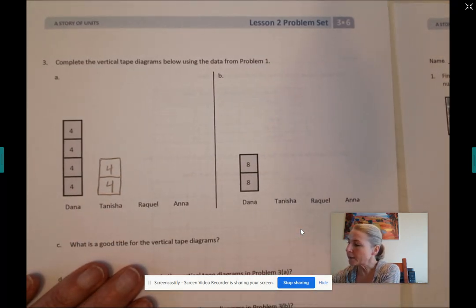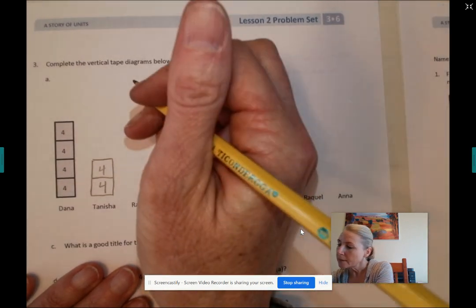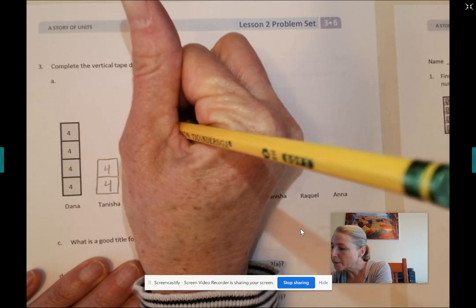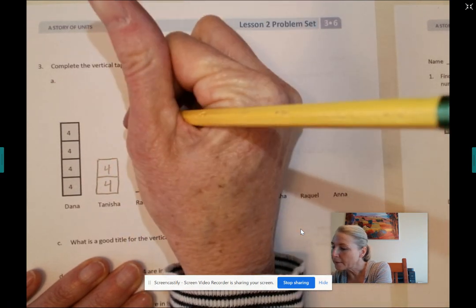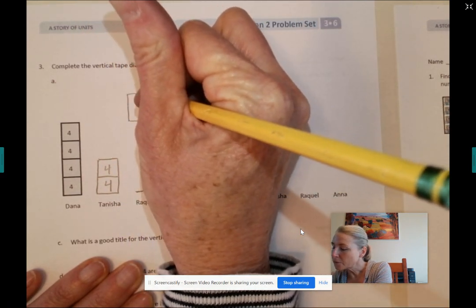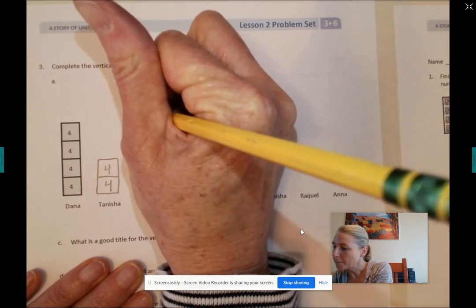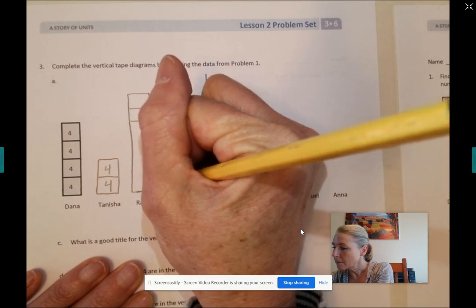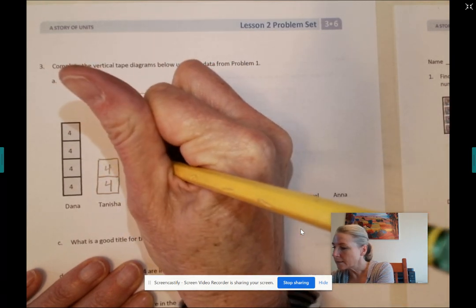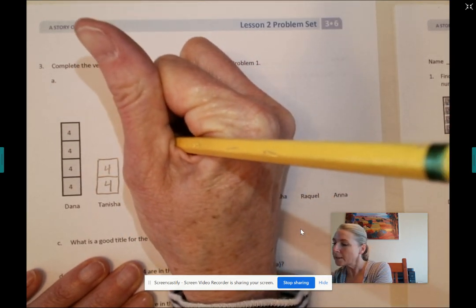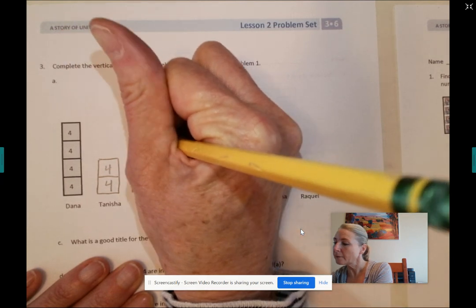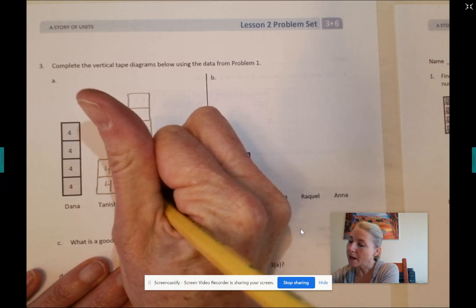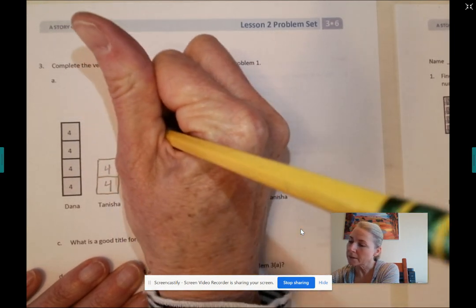Now, Raquel had 1, 2, 3, 4, 5, 6. So that means that she would start here. I know 4 is going to pull her up to about here. And then 2 additional ones will probably be about here. I'm using the existing lines to help me be more accurate. 1, 2, 3, 4, 5, 6. All right, it's a little off, but it's close enough.